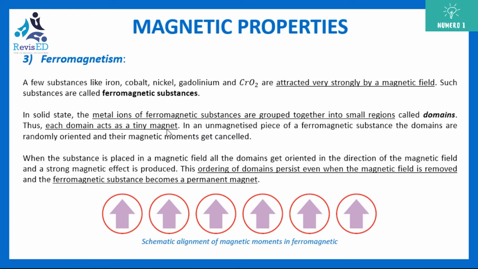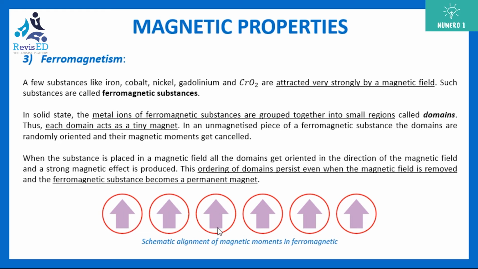So what happens in an unmagnetized piece, when there is no magnetic field present? The domains are randomly oriented, and they cancel each other, so there is no magnetic effect. But when the substance is placed inside a magnetic field, all the domains get oriented. You can see these are small domains.